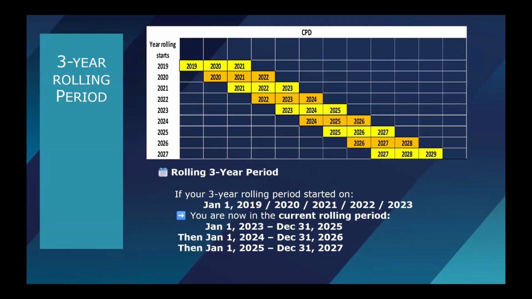If you came to us through one of the other CPHR associations, HRPA, SHRM, CIPM Nigeria, CIPD UK, or CIPM Sri Lanka, again, you enter your CPD hours the year in which you moved here. So 2025 would be your first 3-year rolling period, and you start January 1st, 2025 to December 31st, 2027.